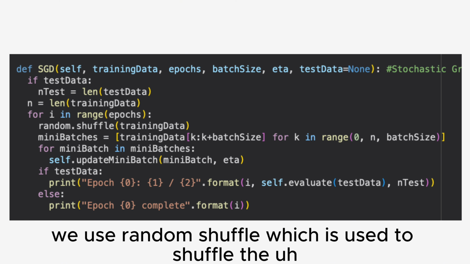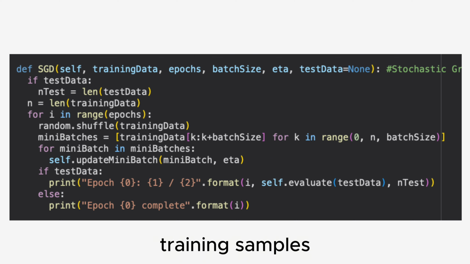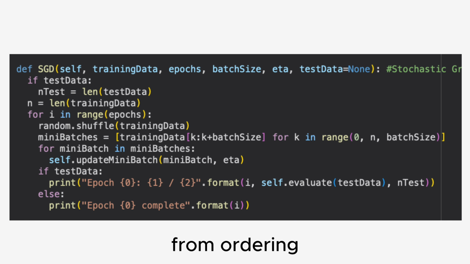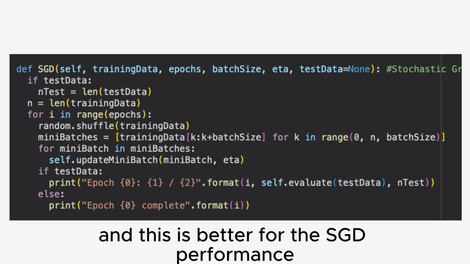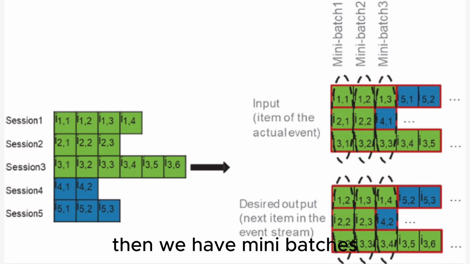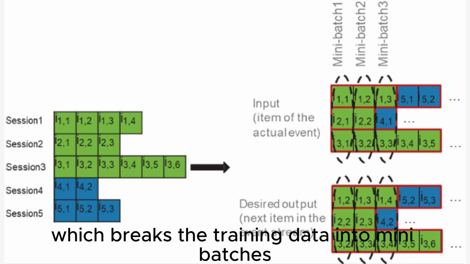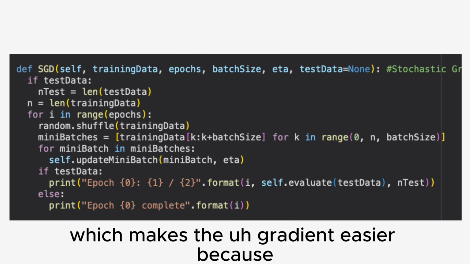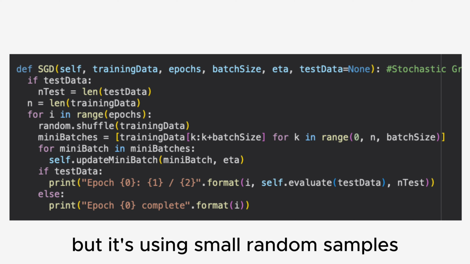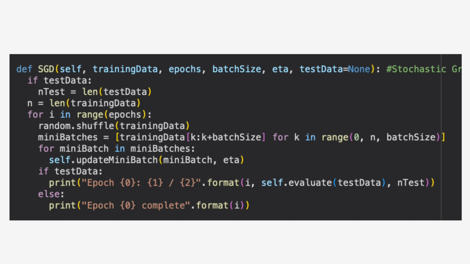We use random shuffle, which is used to shuffle the training samples to prevent the network from learning patterns from ordering. And this is better for the SGD performance. Then we have mini batches, which breaks the training data into mini batches, which makes the gradient easier because it's not using the whole dataset, but it's using small random samples.